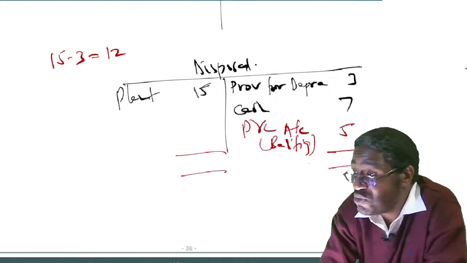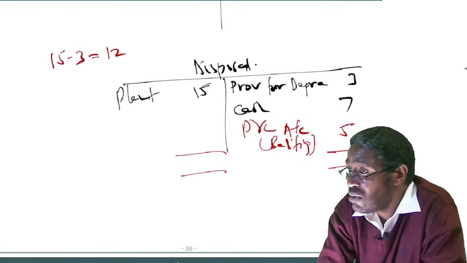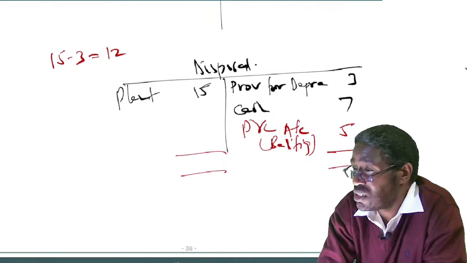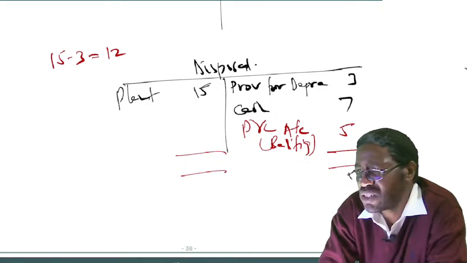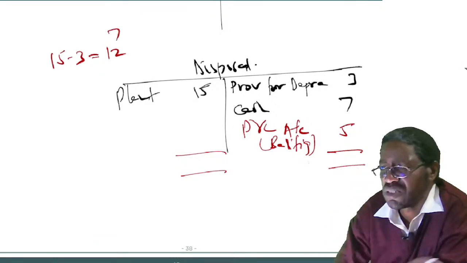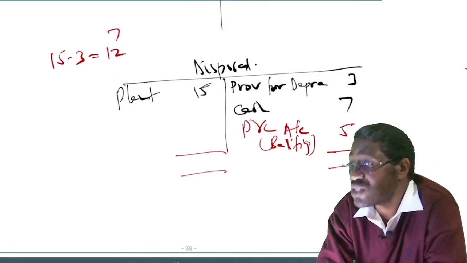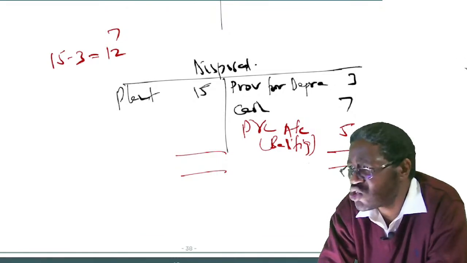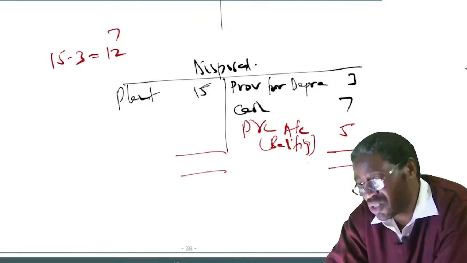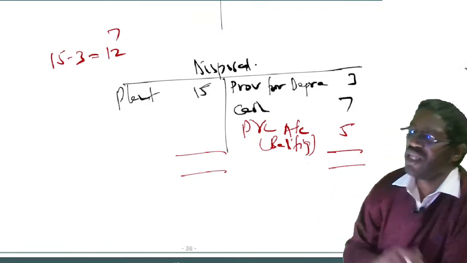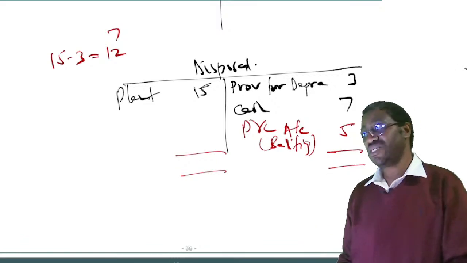If it cost us 15, and so far we had depreciated it by 3, it means by the time we were disposing that asset, it had a book value of 12. But we sold it for how much? We sold it for only 7. So if it had a book value of 12, and we sold it for 7, then we sold it for less than its true value. We must have made a loss of 5 million. Good. That's how we are determining whether the 5 is a gain or a loss. We have concluded it is a loss.